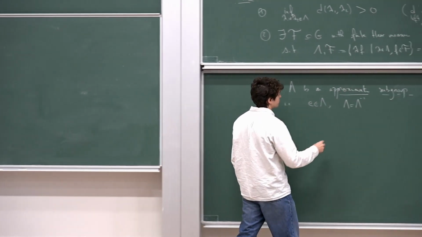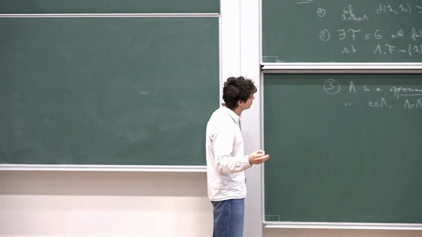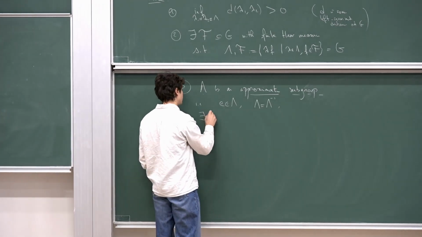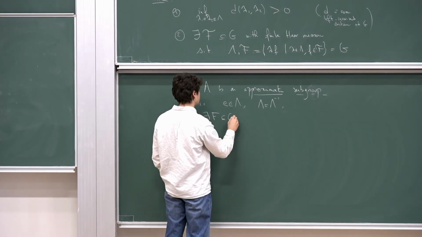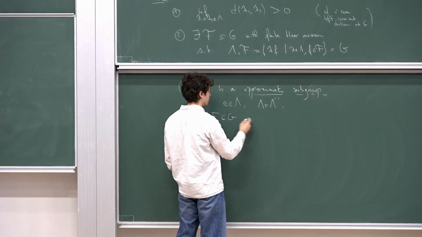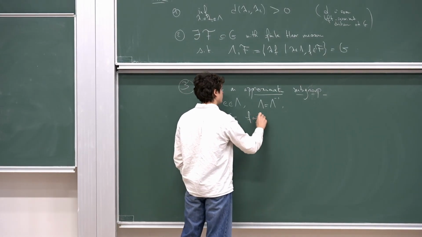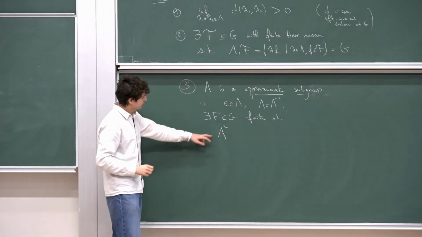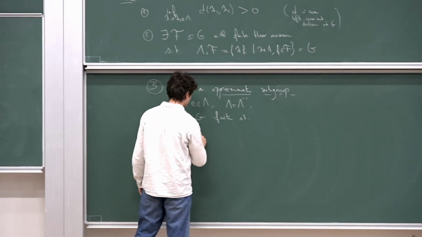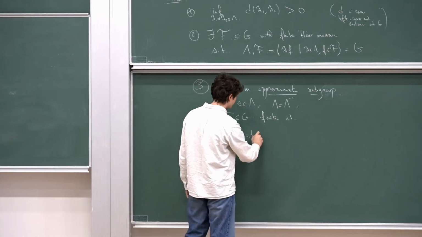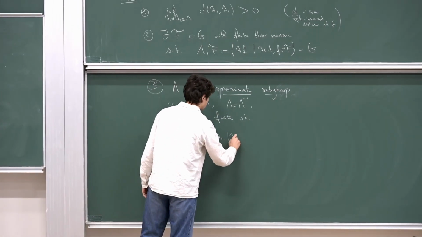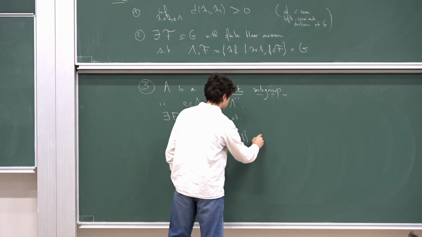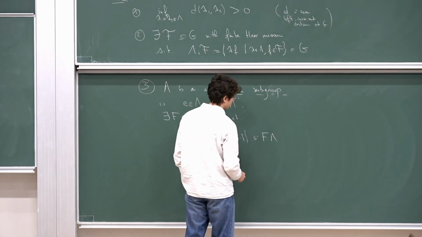The last and maybe the most important assumption is that there exists F, a finite subset in G, such that when I take the square of lambda, meaning the set of products of two elements, this is contained in F times lambda.